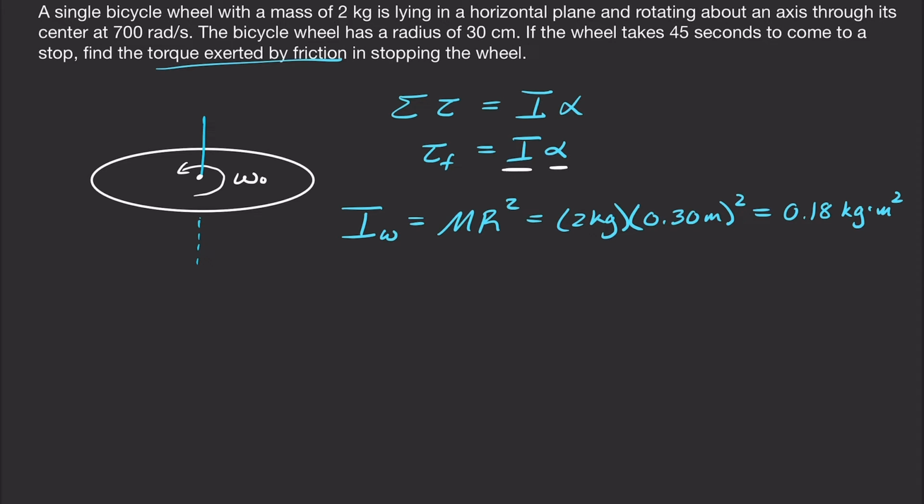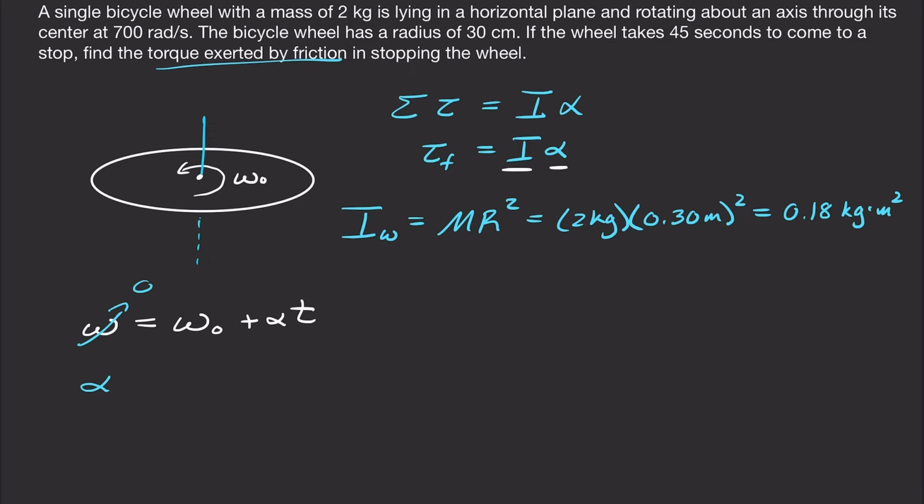And so now in order to find the torque exerted by friction, we have the moment of inertia, we just need to find the angular acceleration. So we're going to assume its angular acceleration is constant, so we can use our kinematic equations. So we can use omega equals omega naught plus alpha times time. We know when it stops, the angular velocity is going to be 0. And we know what our initial angular velocity is.